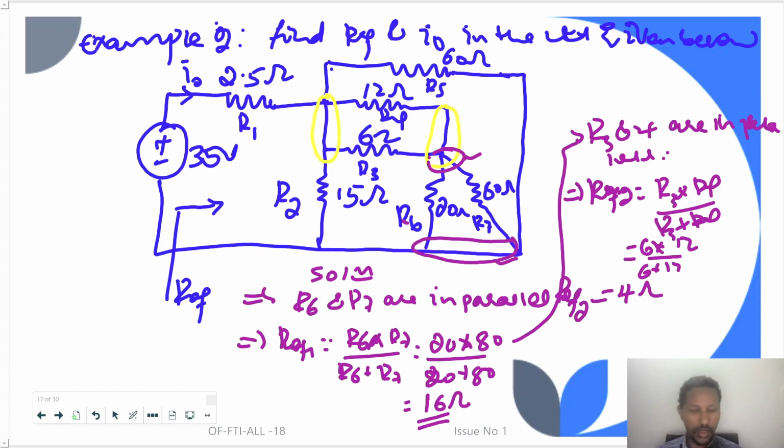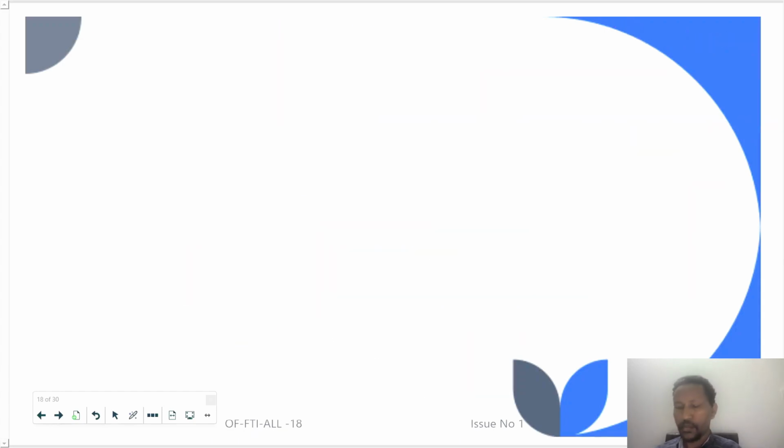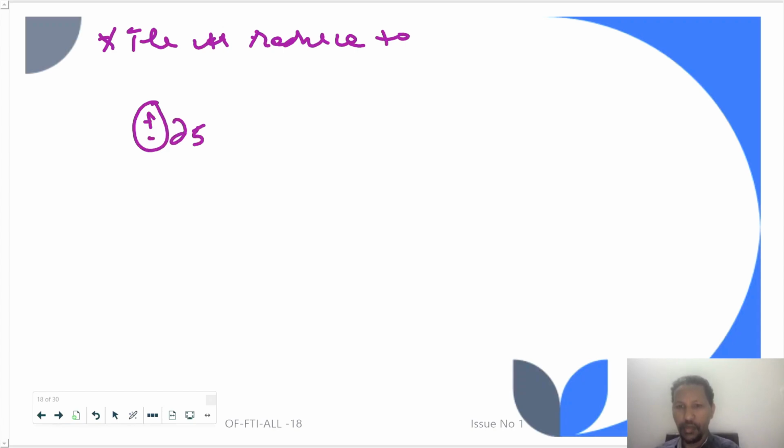Then the circuit reduces to the network, as you can see here, with a 35 volt source.